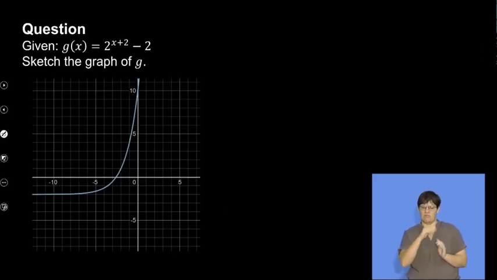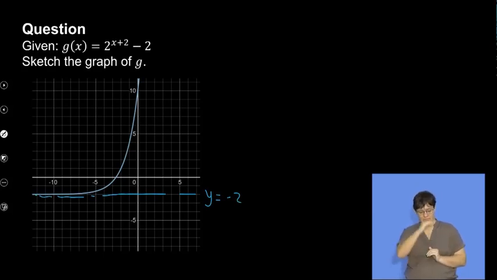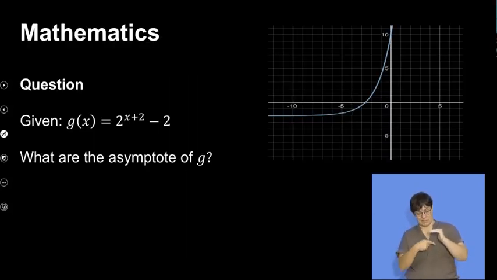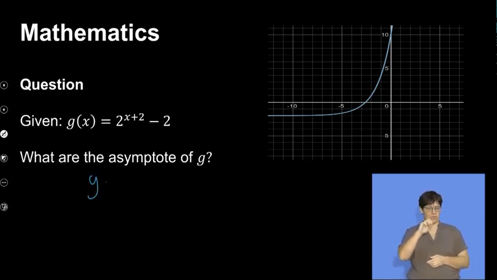But in actuality, it will then look like this, where at this point, that's where my y equals -2 will be, with a dotted line. And then also, if I'm given this function, the asymptote of this particular function, we know that will be y equals -2, because there's only one asymptote, which is the horizontal one.